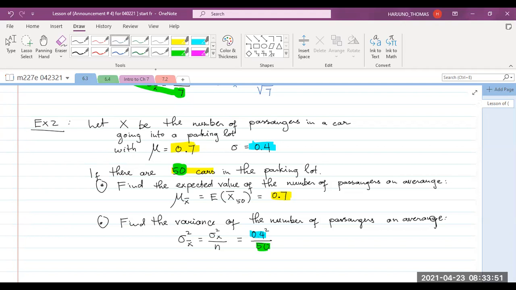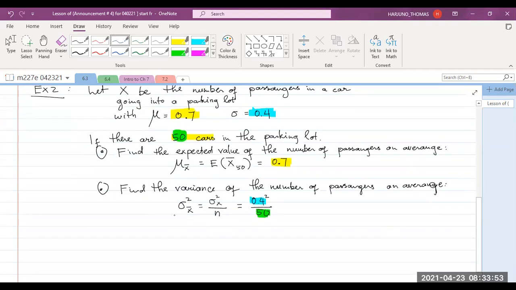Therefore, the standard deviation for the average number of passengers will be 0.4, without squared, over the square root of 50. Now, do not underestimate this computation. We will use this in 6.4.